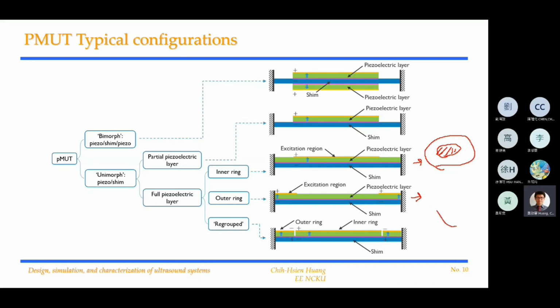And this one is a plate, but the electrode is in the outer ring like this. And some of them just combine both, with an inner ring and also an outer ring.